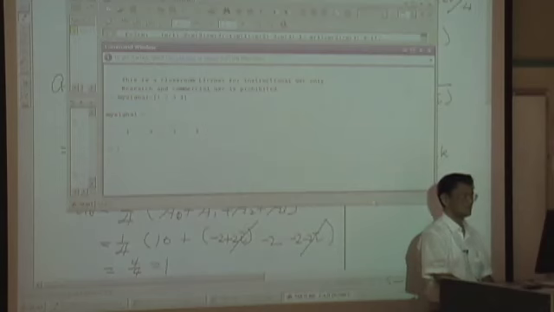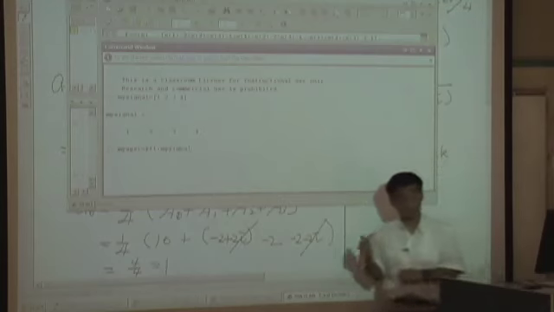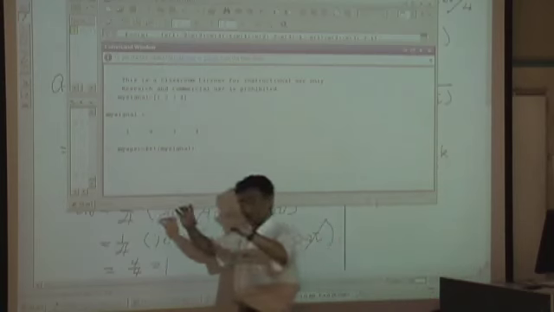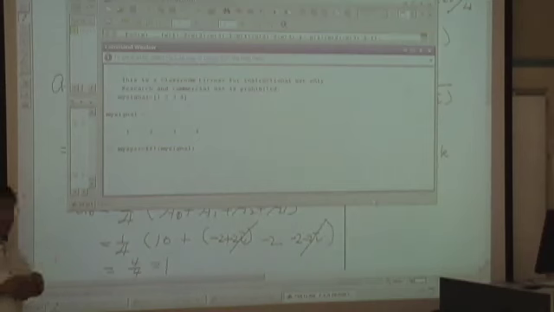And my spectrum equals FFT of my signal. Do you understand what I'm doing now? We have a signal called my signal, and then we will do FFT and store the result in my spectrum.